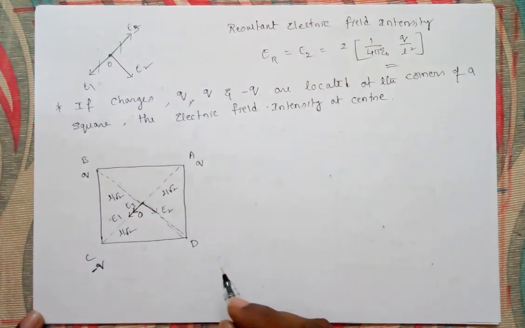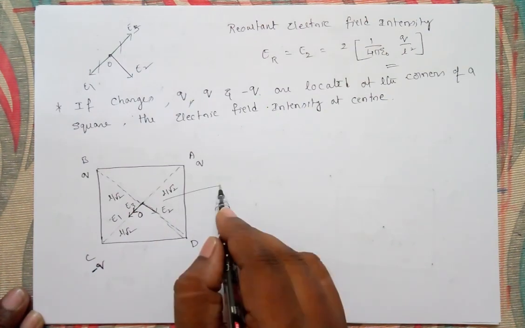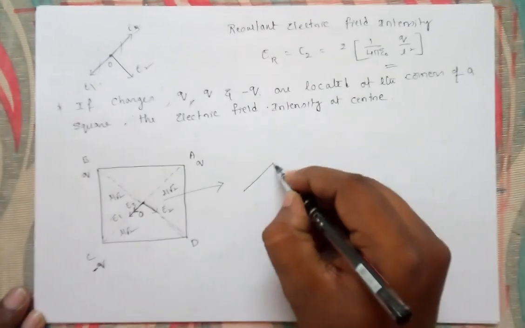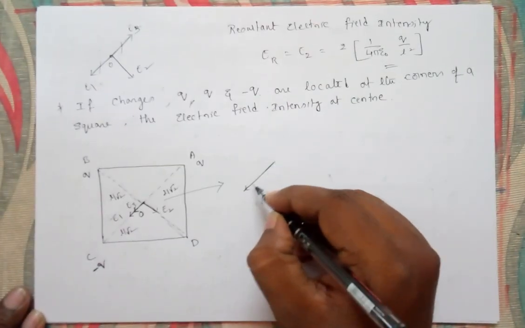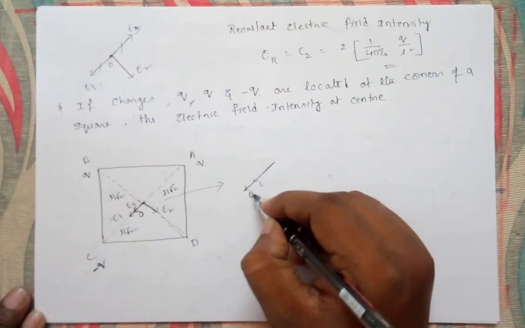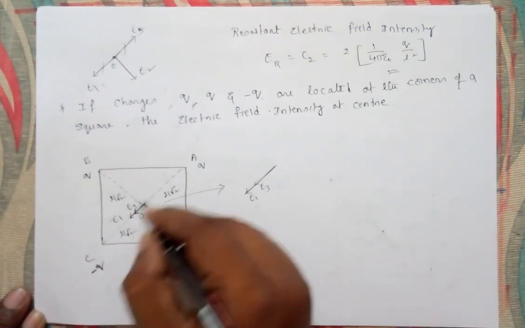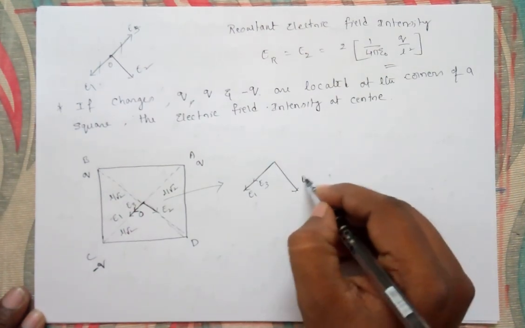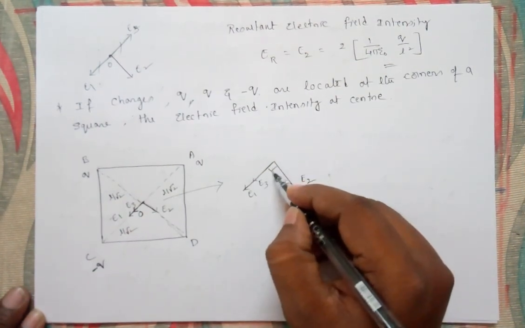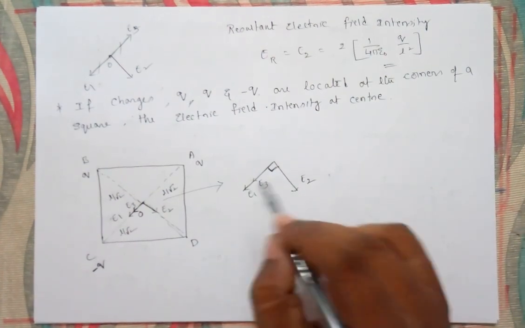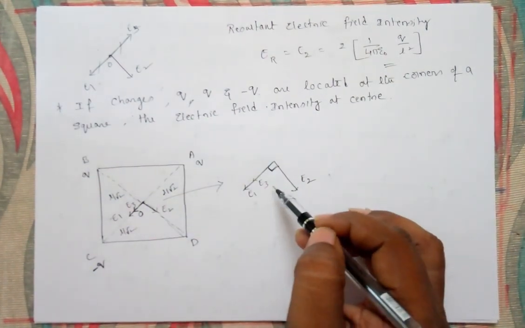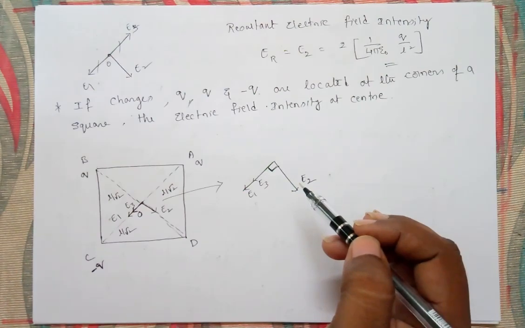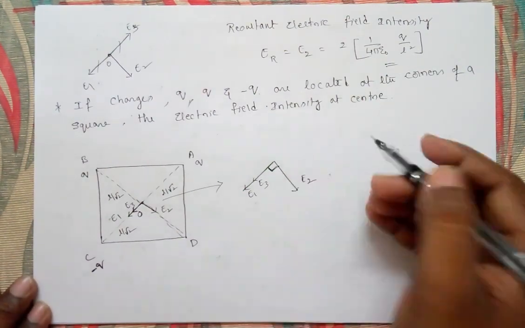So E1 and E3 are in the same direction, E2 is the other, and the angle between them is 90 degrees.